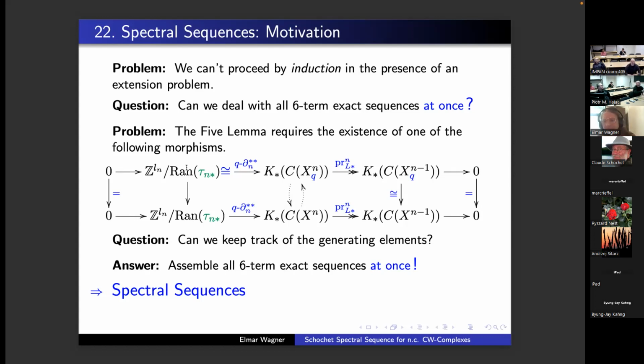The problem is that you don't have these canonical comparison maps, but the inductive process is completely the same, provided you are controlling the maps. If you forget about the maps, you have nothing. You have some random isomorphisms by picking generators.